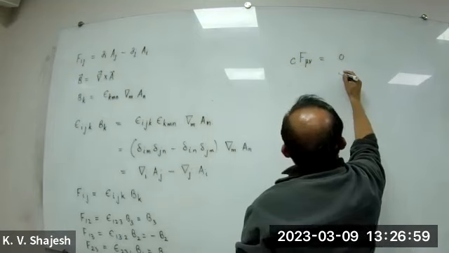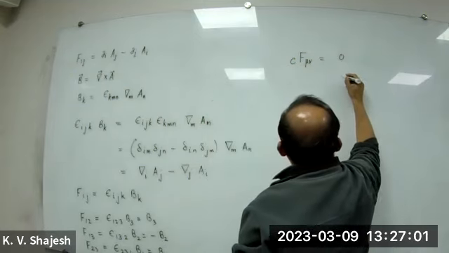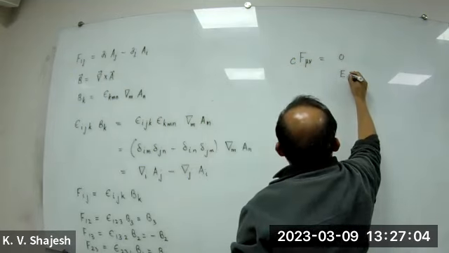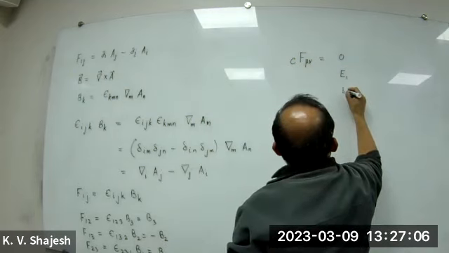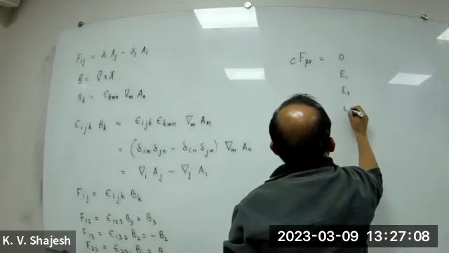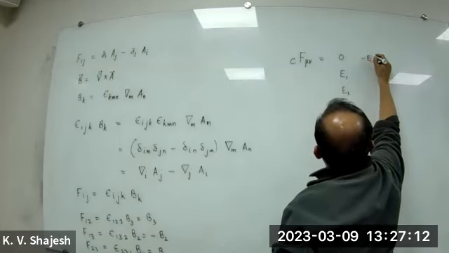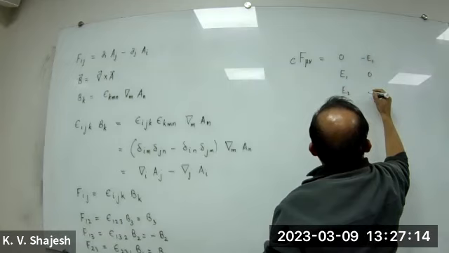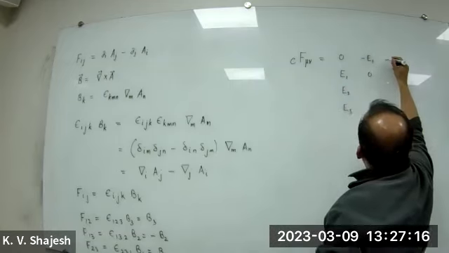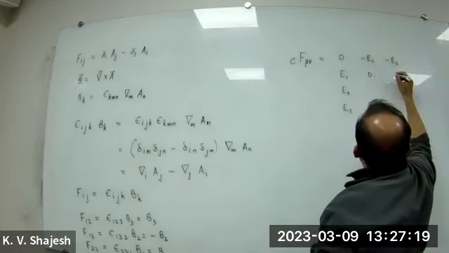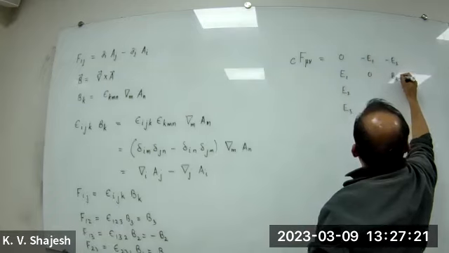And let me put C here, multiply out by C. This is E1, E2, E3. This is minus E1, 0. That is minus E2. And this is B3.